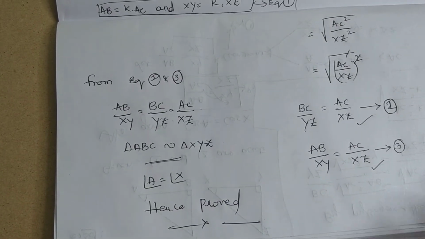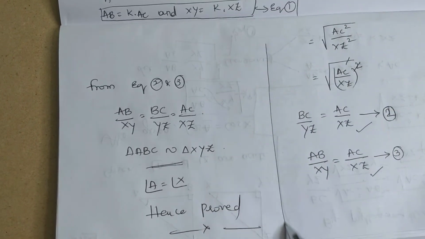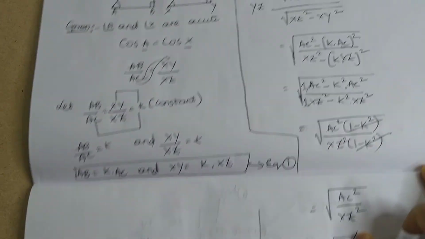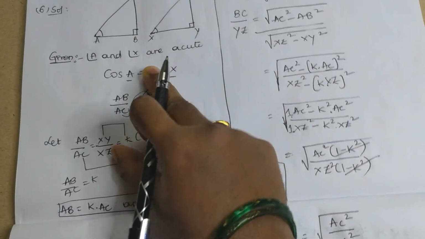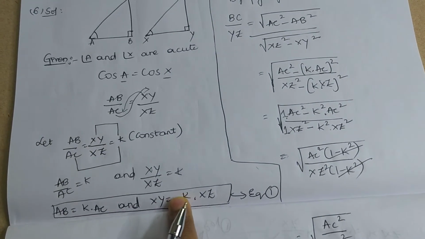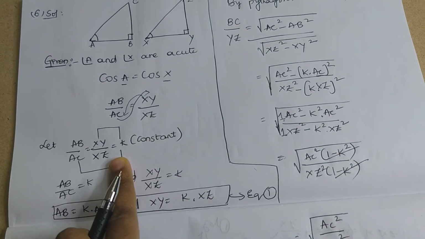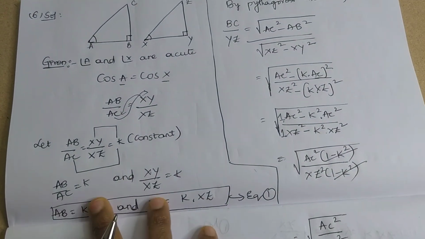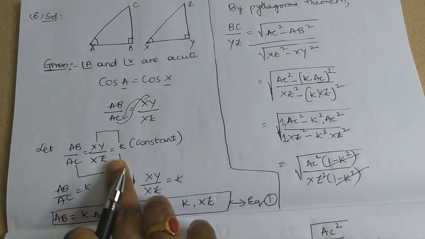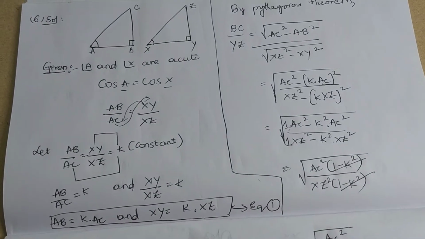Clear? So let me give you a very brief explanation till now. What did I do? This is the solution. It's very easy. Okay. So here I have just written the relationship based on the given condition. After that I have just assumed it as constant k. Okay. So that I have elaborated this and put the numerator value as AB equals k into XY and AC equals k into XZ. Okay.